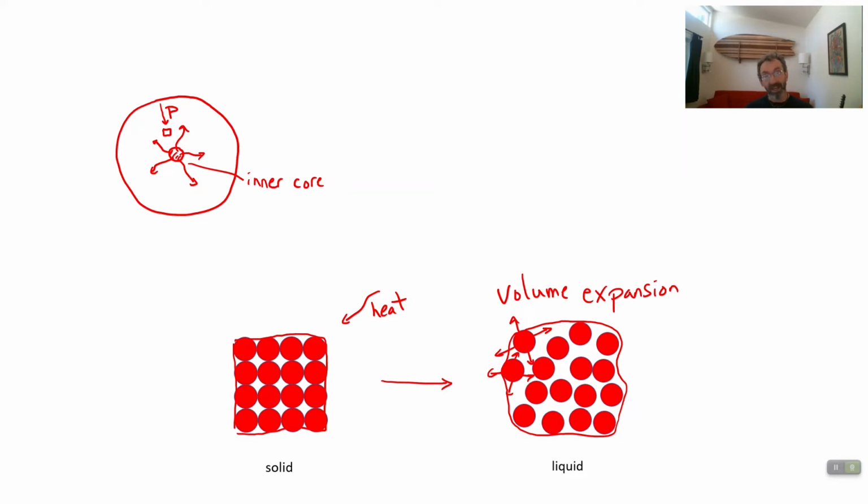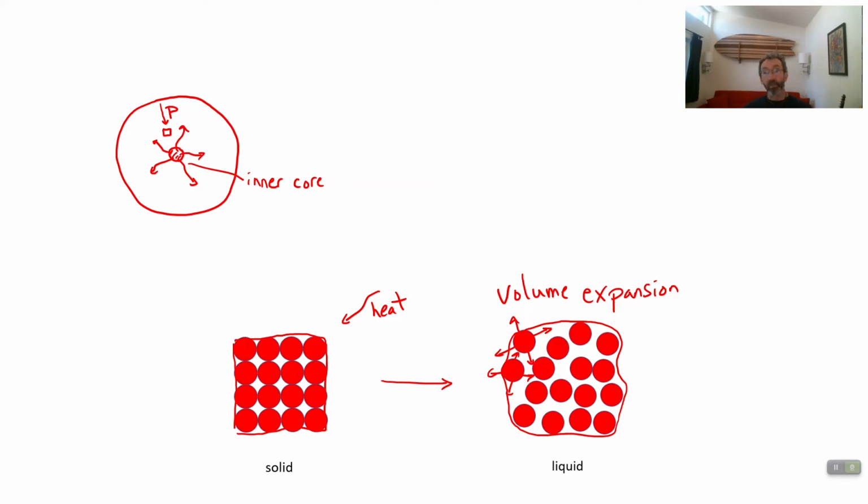And so again, all this pressure is preventing this phase transition from solid to liquid, because the pressure of all the rock above it is essentially confining these molecules, and they can't expand and they can't move around like they want to, to form a liquid. So all this pressure is preventing the solid from turning into a liquid, despite all the heat that's in that area.